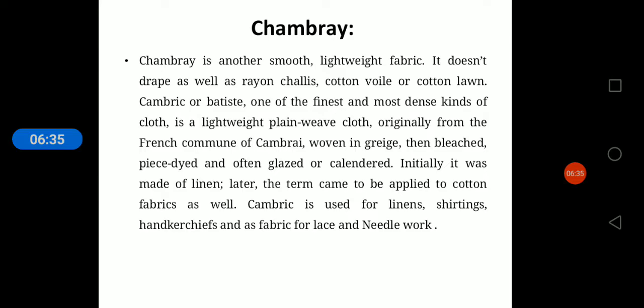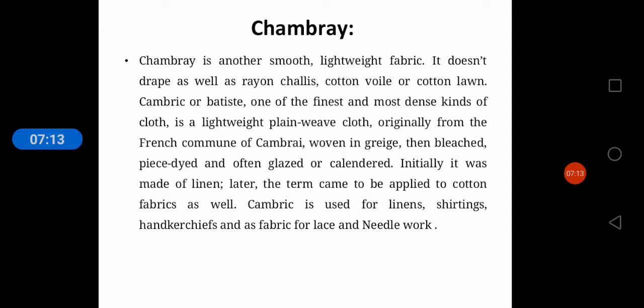Later the term came to be applied to cotton fabric as well. Cambric is used for linen sheetings, handkerchiefs and as fabric for lace and needlework. Cambric is a very smooth, lightweight fabric. It does not drape as well as rayon challis. Cotton cambric is the finest, most dense cloth. The yarns are very smooth and fine, high quality yarns are used, chemical processing is highly used, and smooth calendering is also useful.